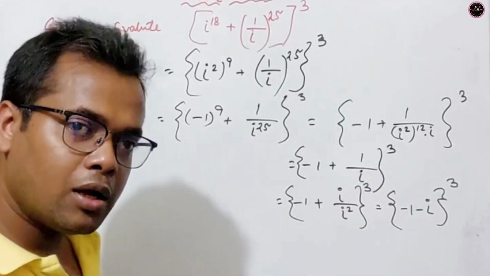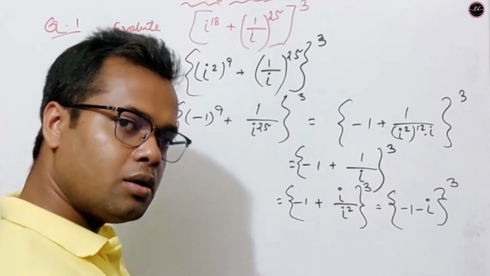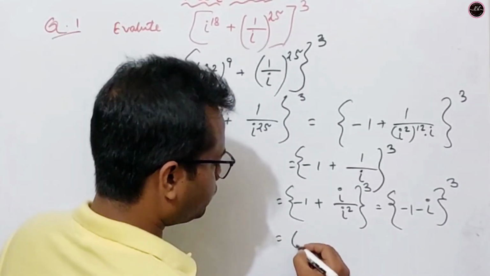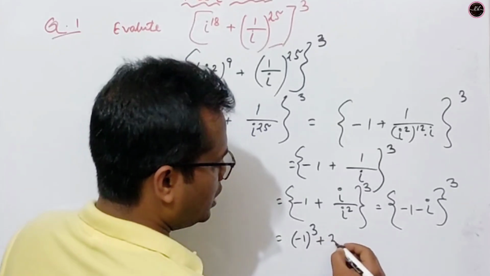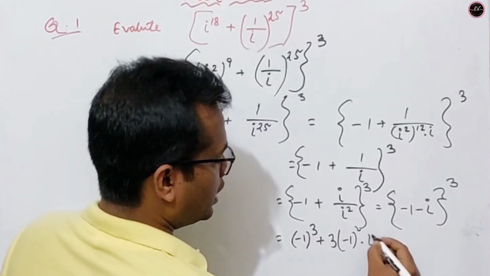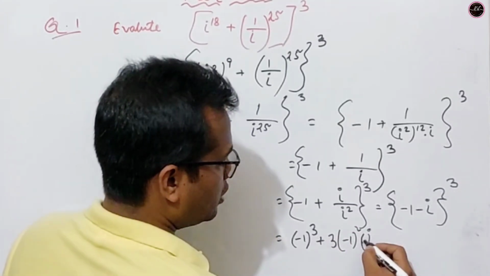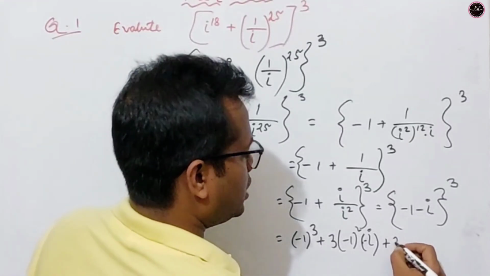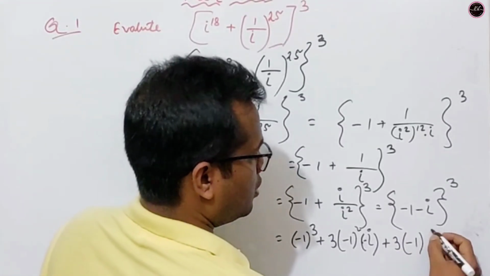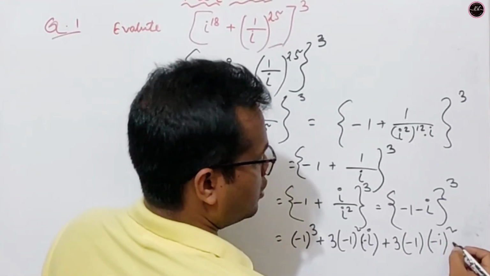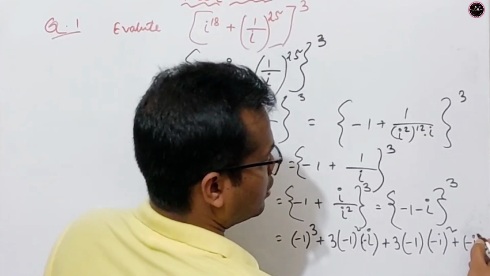Just apply the formula of a plus b whole cube. So we have minus 1 whole cube plus 3 minus 1 whole square dot minus I, plus 3 into minus 1 into minus I whole square plus minus I whole cube.